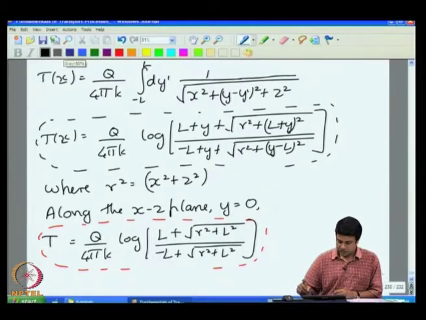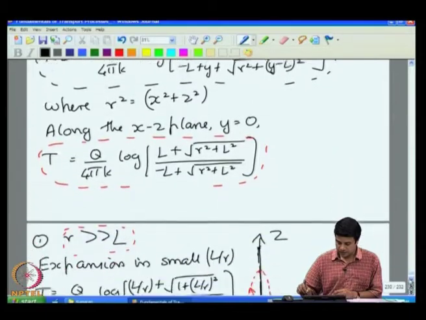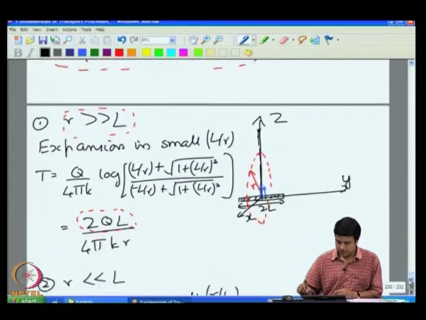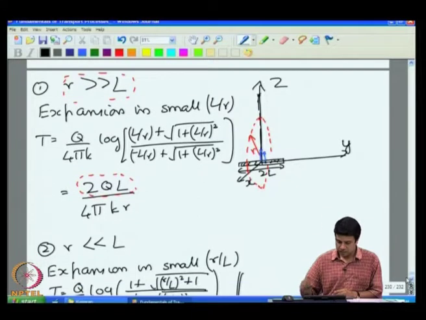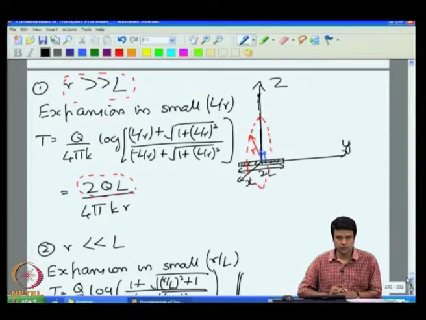For the particular case along the x z plane, I had simplified this and then further considered two different limiting cases. One is where r, the distance from the source, is large compared to the length of the source itself, L. If I am sufficiently far away from this wire, then it effectively looks like a point to me, and the details are obscured because of the distance from the source.